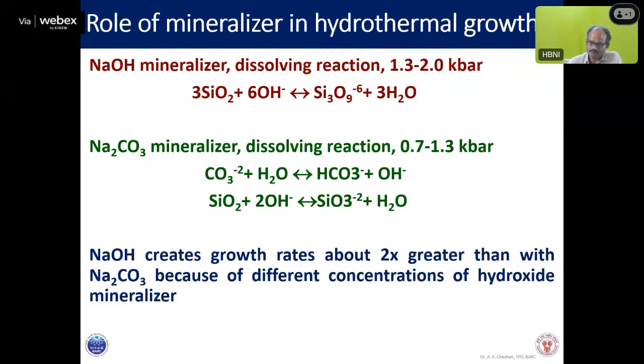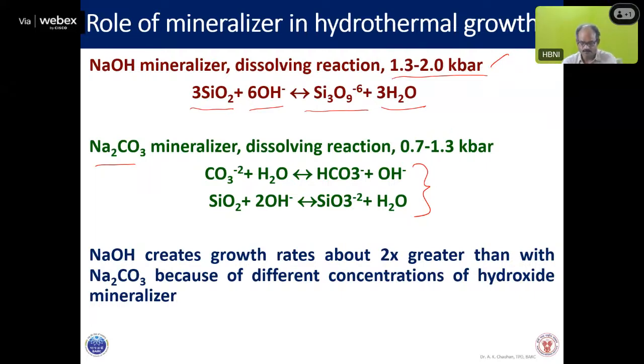At this pressure, if we try to see the reaction, this SiO2 with this 6OH gets converted into this form and you have H2O. If on the other hand you have sodium carbonate used as a mineralizer, the reaction is this, and the pressure is less as compared to this.